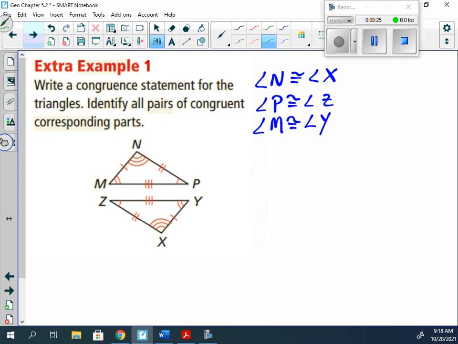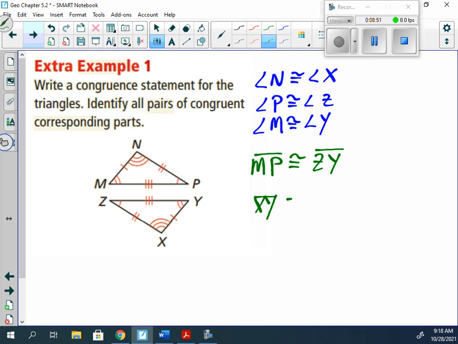So we need sides. MP would be congruent to ZY or YZ, because we can have them either way. It still works. We need 2 more line segments.